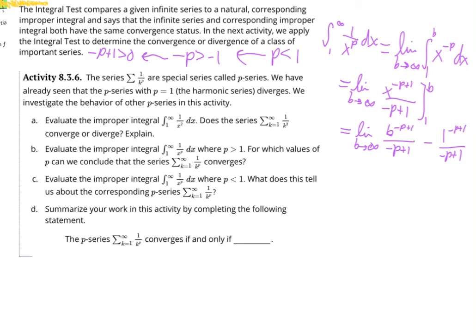Remembering that negative p plus 1 is now positive in this case because we're making the assumption that p is less than 1 for this part C. Okay, so what does this mean? Well, let me just factor out this constant from the limit. So I have 1 over negative p plus 1 times the limit as b goes to infinity of b to the negative p plus 1, minus 1.